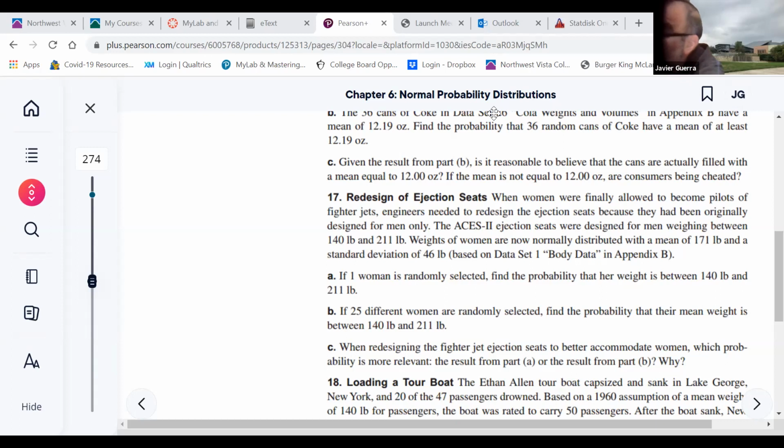All right, so I already got my mean. I got my standard deviation. I just need to find my probability. Oh, this one is also between, isn't it? Yep. 140 and 211. Let's see.